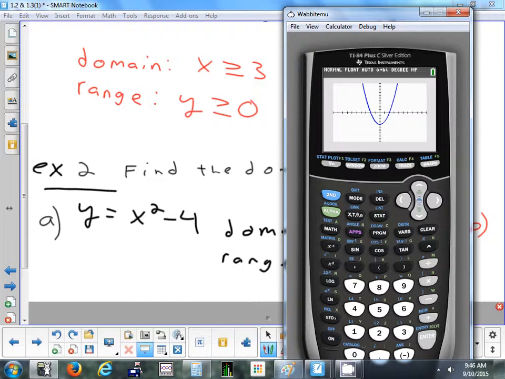Yeah, -4. And if you want to calculate it, there's a feature you can do, second calc minimum. Then you have to pick a point somewhere to the left, which puts in that dotted line. Pick a point somewhere to the right, and now you're telling the calculator, look between these dotted lines to find the lowest value.